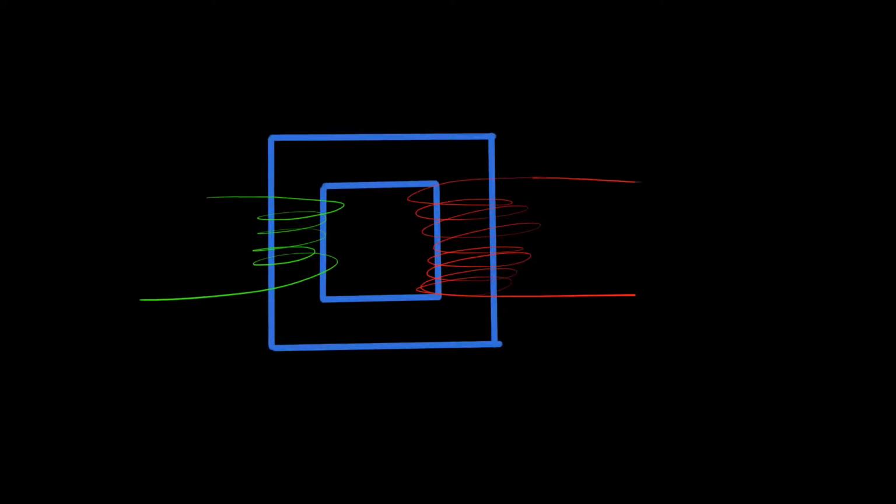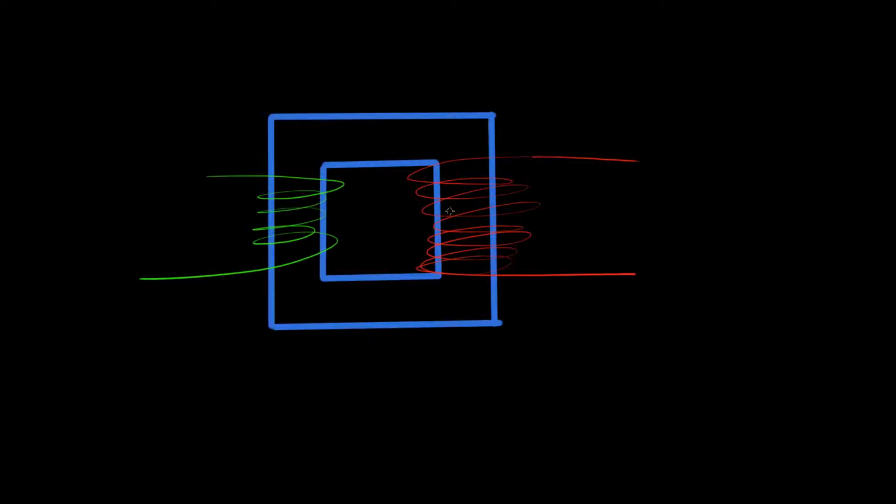Right. Now, in this case, what you can probably see is that these flux lines, which before tended to go off to the left, will actually be restricted to this magnetic circuit that's provided by the iron core.